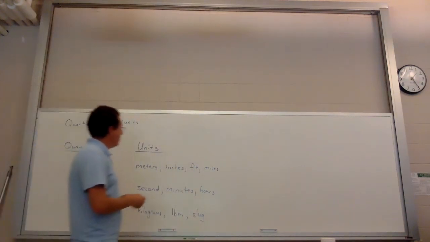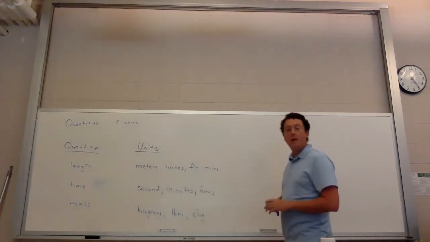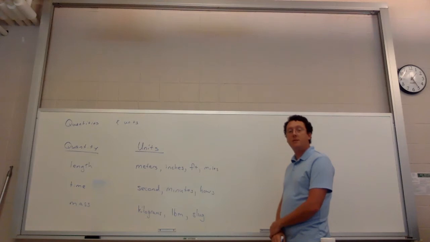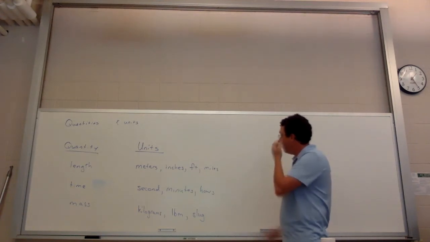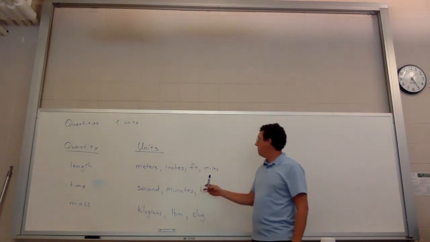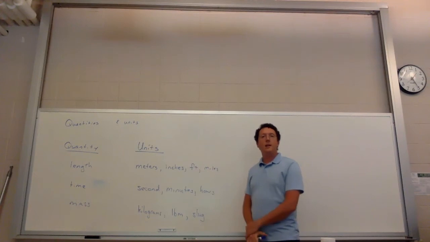So let's talk about how to go between, how to relate different units. So what I'm going to do is, actually first, let's go through the metric system. And then we'll talk about making unit ratios and then doing unit conversions in general.